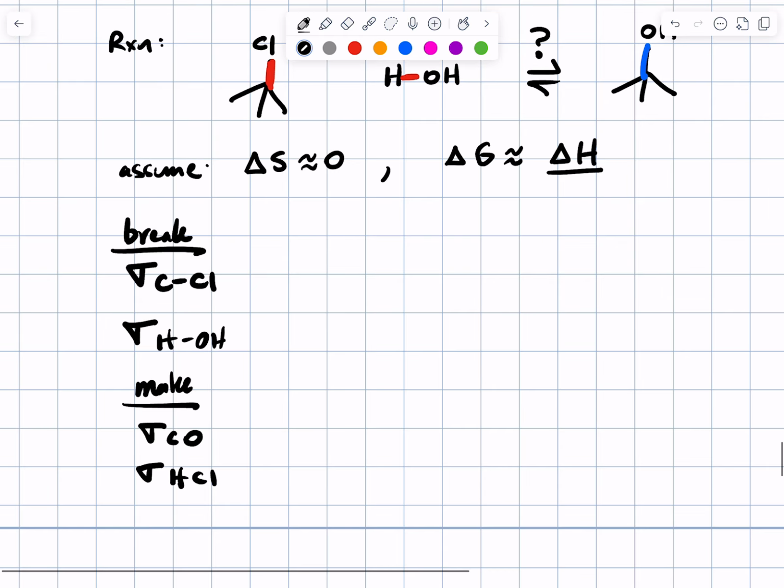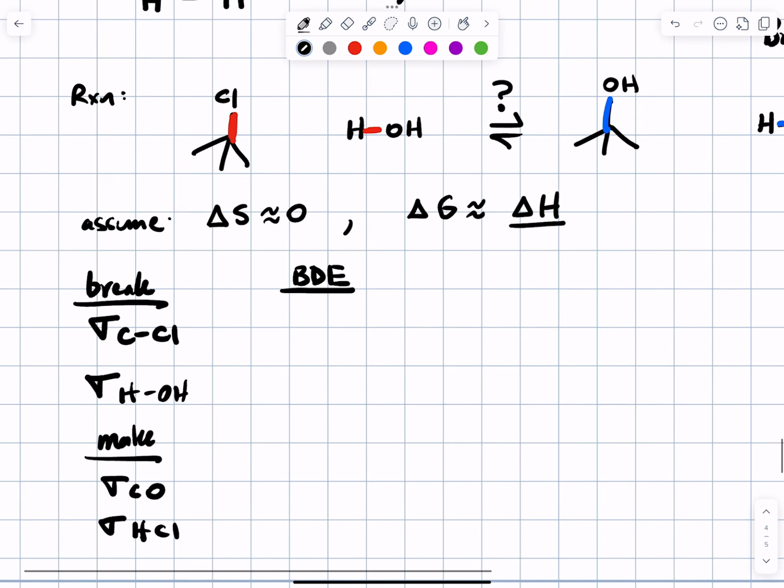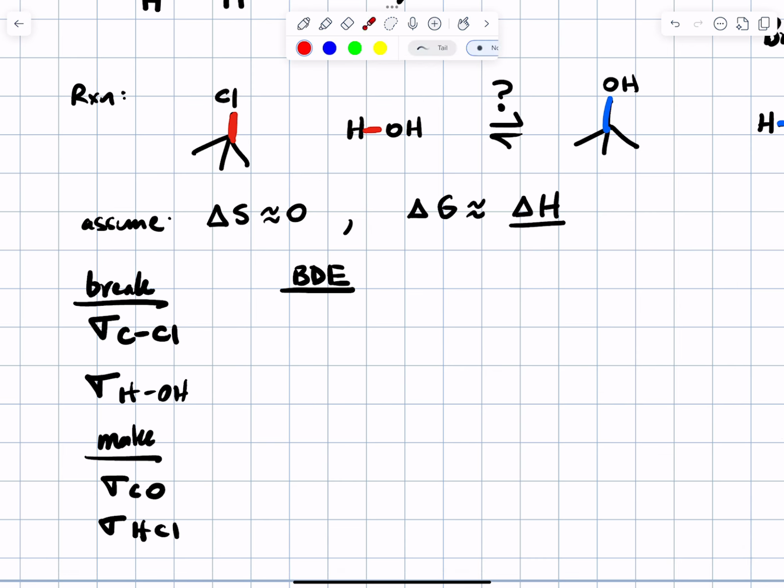So now there is a table in your text, and some of it's in chapter 7, some of it's in an appendix at the end of the book. We're going to look up bond dissociation enthalpies for carbon-chlorine bonds. And this is going to be how much energy you have to put in to break the carbon-chlorine bond. If we look that up, that would be 331 kilojoules per mole.